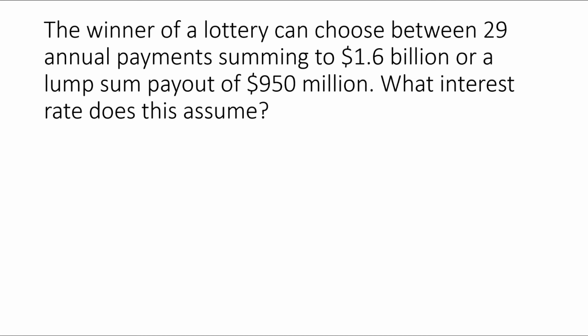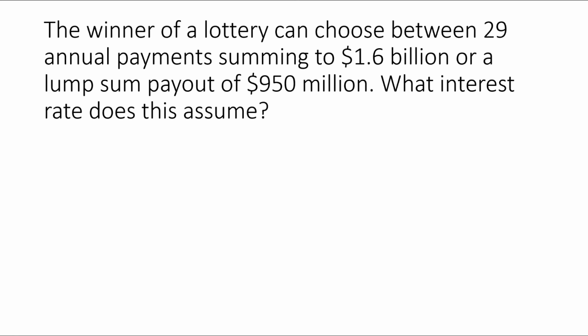So the winner of a lottery can choose between 29 annual payments summing to $1.6 billion or a lump sum payout of $950 million. What interest rate does this assume? So this is actually how the lottery works. I forget how long ago this was, but this was the record lottery jackpot at the time.